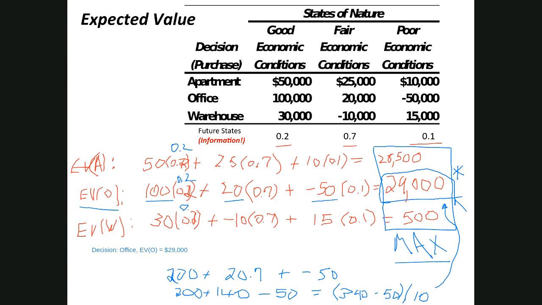But hopefully I'll help you remember that. So again, back to this, we say the expected value of investing in the office is $29,000, but you have to assume you're able to make this investment over and over again, or have similar investments over and over again, because this represents an average return, not the individual return.